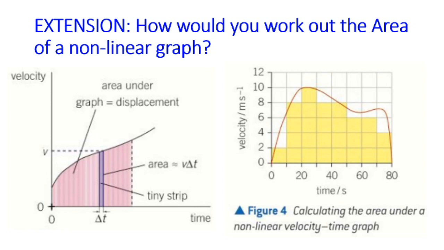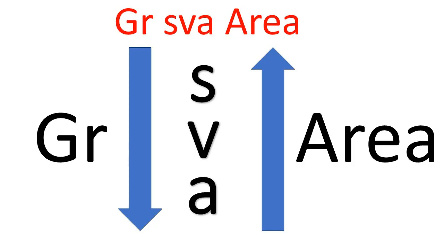Or, as you can see on the graph on the right, they divided the journey up into squares and worked out the sum of all the squares. They're never going to give you an exact value, but the finer and thinner you make those strips, the more accurate it'll be, but it's very often taken to be an estimate. And now you know how to use these graphs.